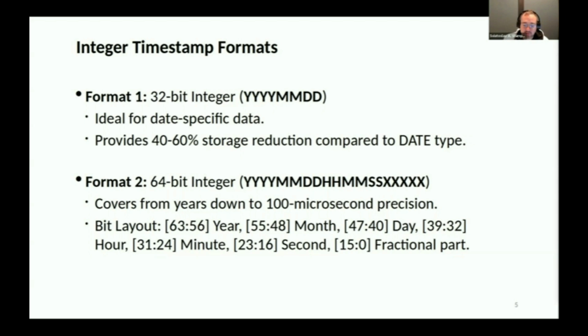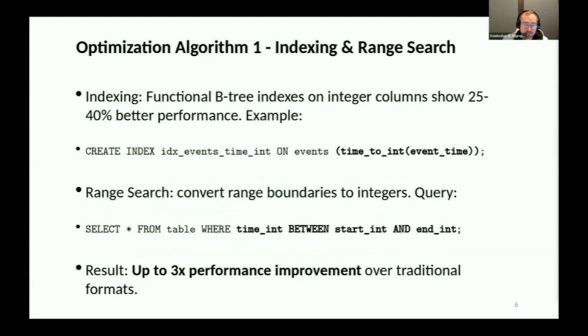What do you do with these formats? How does it work? First, indexing and range search. When you work with dates, you understand that the native datetime format works like strings. So this is very, very slow and very complicated searching and indexing. What do you do?